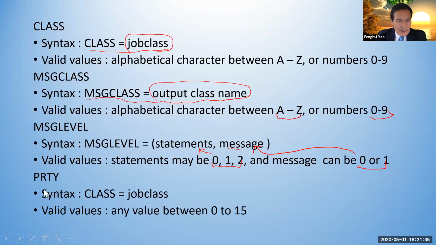And then next is priority syntax. Here, this should be PRTY, and then here's the value. Okay, that's a mistake. So priority, the value is from 0 to 15.